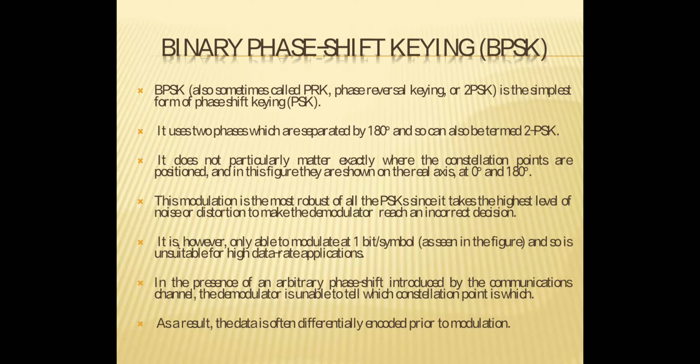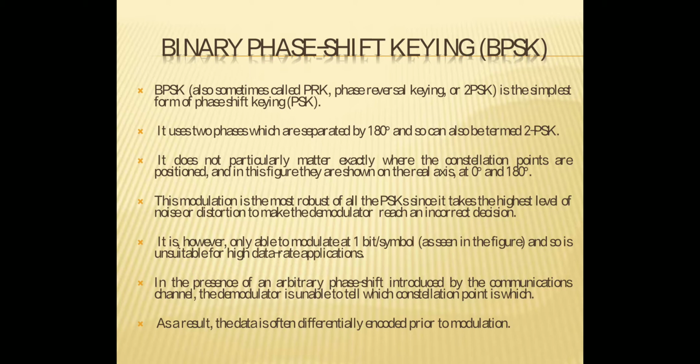This modulation is the most robust of all PSK since it takes the highest level of noise and distortion to make the demodulator reach an incorrect decision. It will be very difficult for the phase to be changed by 180 degrees by noise. That is why it is most robust.